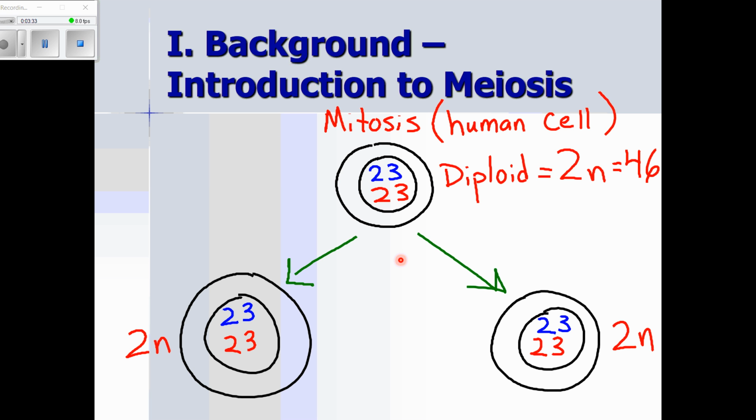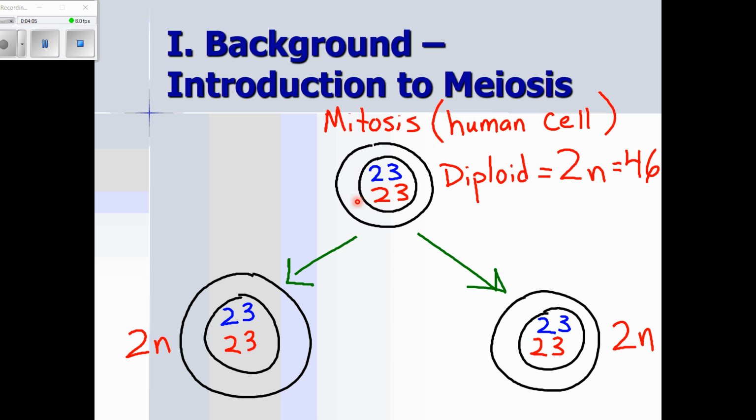And this is just a very simplistic diagram, kind of poorly drawn by me, because notice my daughter cells appear to be larger than the original cell. That's a horrible drawing, so that just reflects my lack of artistic ability. But the point being made here is that in mitosis, if I start with a diploid cell, let's say this is a skin cell, and human skin cells are diploid, they have 46 chromosomes, that's 23 from the sperm, 23 from the egg.